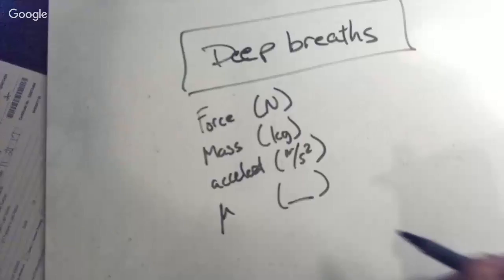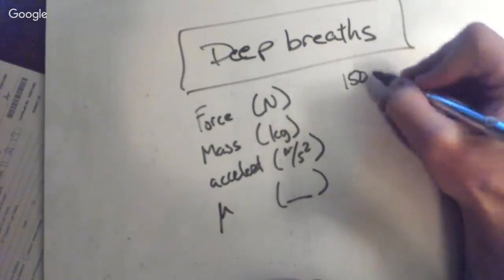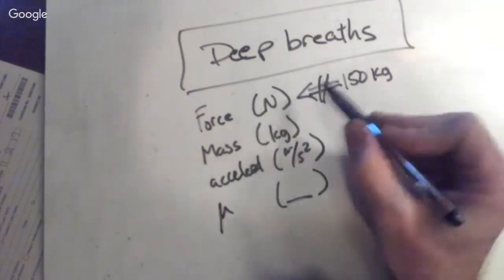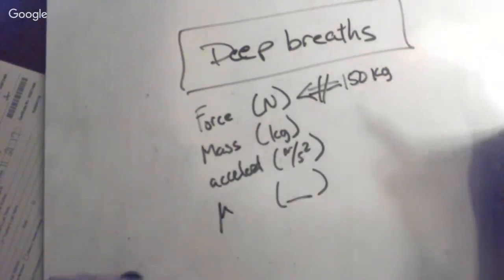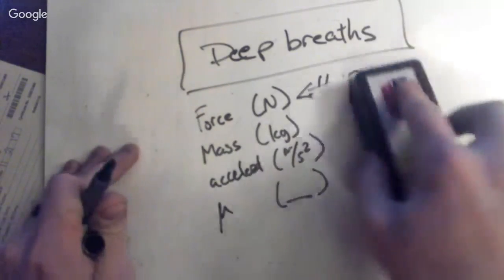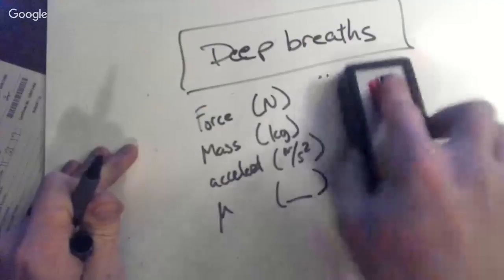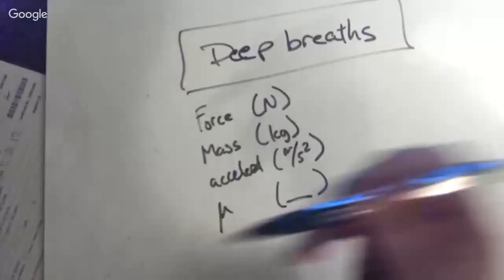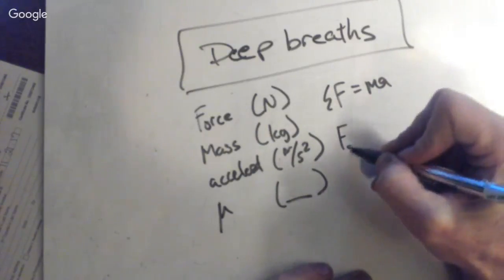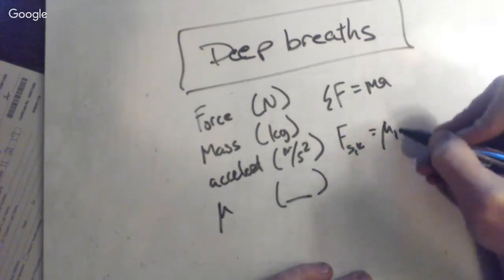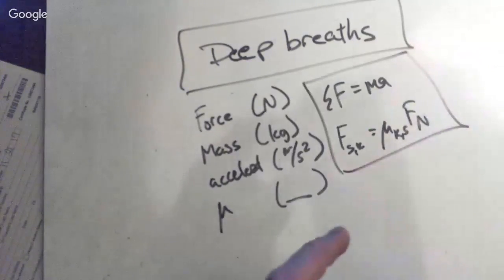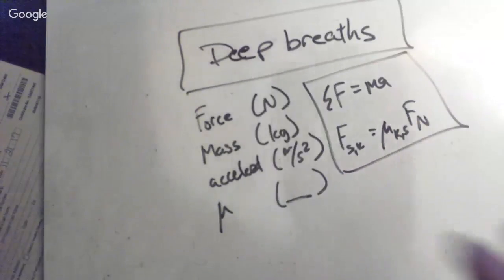All right, so if you're given something that says 150 kilograms, you cannot put it as a force. You have to multiply it by an acceleration in order to get a force. So if you keep all your stuff straight and remember the two main equations that we have that were different than stuff we learned before, these two equations, you guys should do just fine.